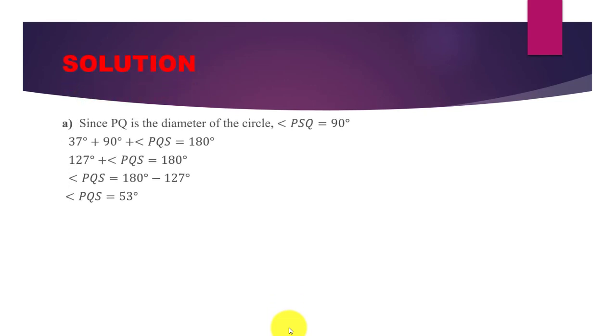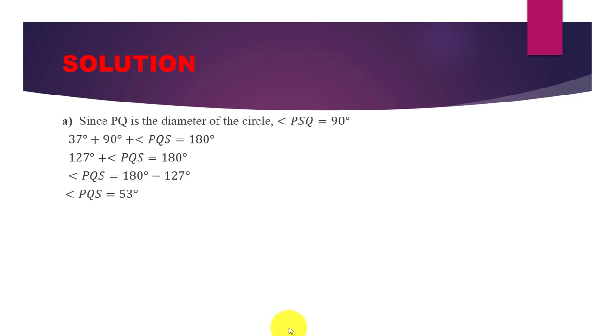Now let's pick the first one, that is angle PQS. Since PQ is the diameter of the circle, angle PSQ is equal to 90 degrees. So when we sum 37 degrees to 90 degrees and angle PQS, we get 180 degrees.